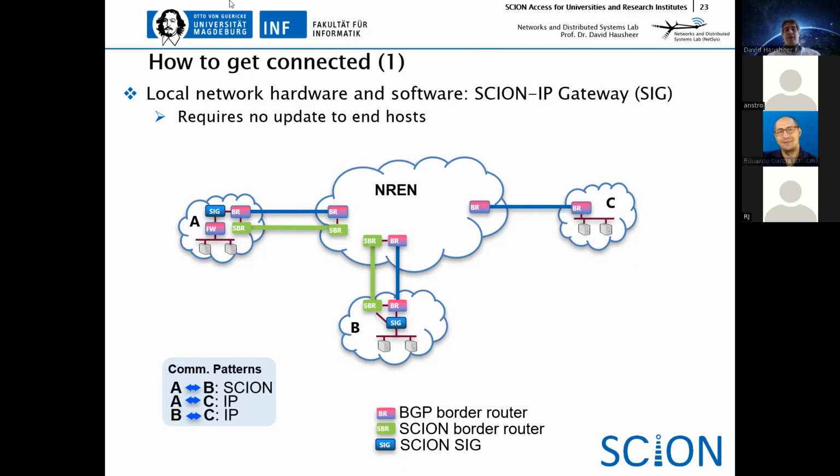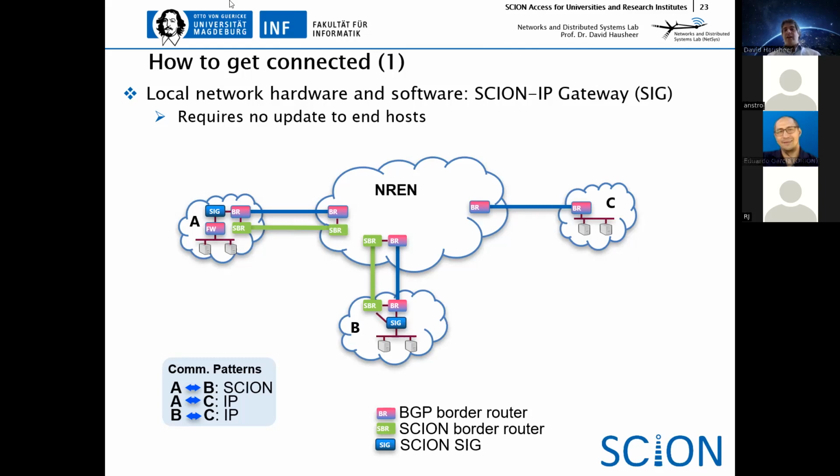Now, in this figure we show 3 customers of an NREN, whereas 2 of them are SCION enabled, so they have SCION border routers deployed in their network, and the third one is not yet SCION enabled.